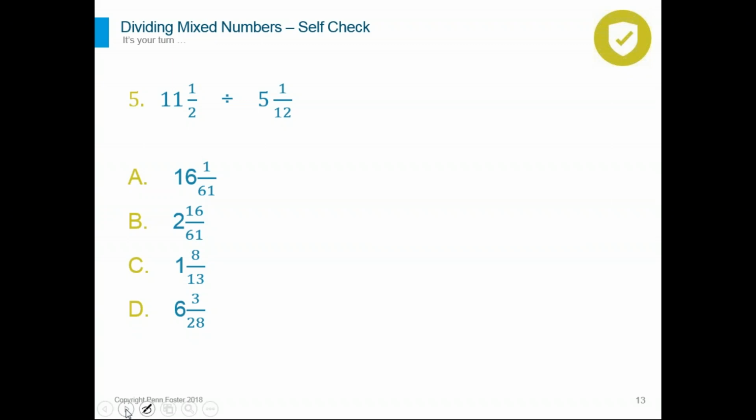So we have 11 and 1/2 divided by another mixed number 5 and 1/12. What is the improper fraction form of the first number and the second number? And then you change the question properly to multiplication. Find the factors to eliminate. Multiply across when you're done with the cancellation method, and simplify your answer if possible.